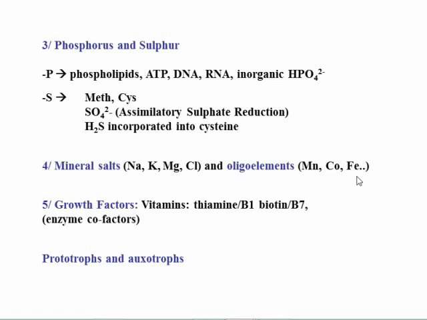Now, when I talked about defined medium, I missed out some things. I did not talk about adding manganese and cobalt and so on. That's because these are generally trace contaminants in the salt that you use to make up the medium. So if you want your bacteria to grow in a minimal medium, you order the cheapest sodium chloride you can find in the catalog because it's not highly purified.